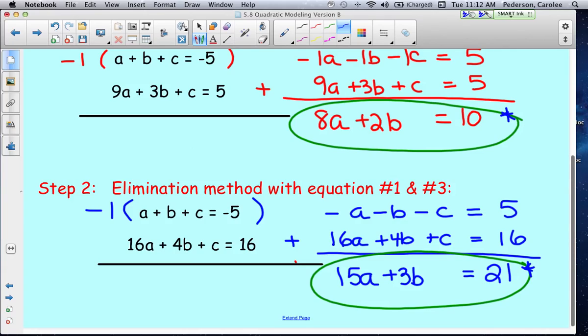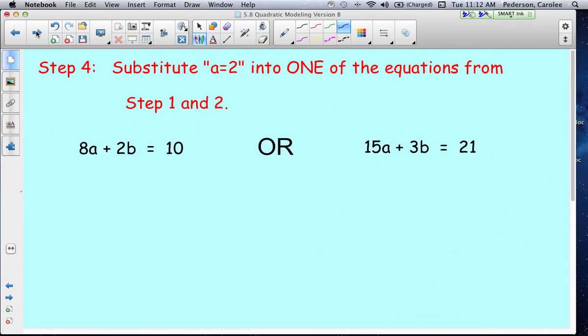We're going to just choose one of these two equations that are circled here in the green and substitute 2 in for a. So I'm going to just choose this equation, and I'm going to substitute 2 in for a.